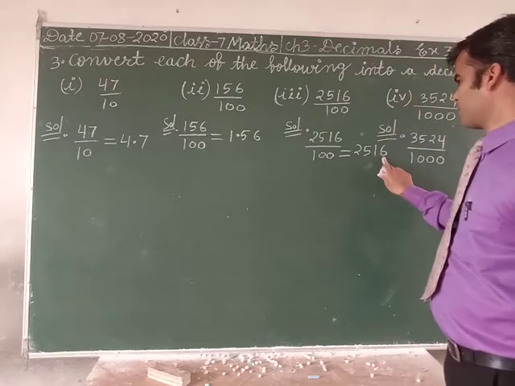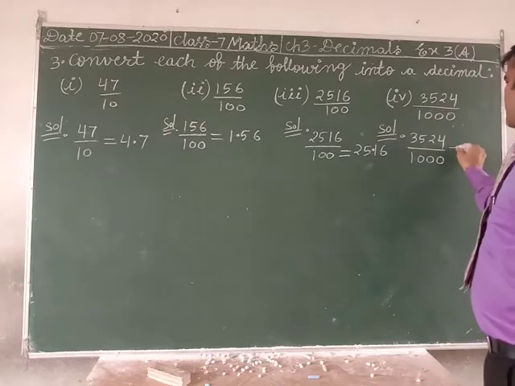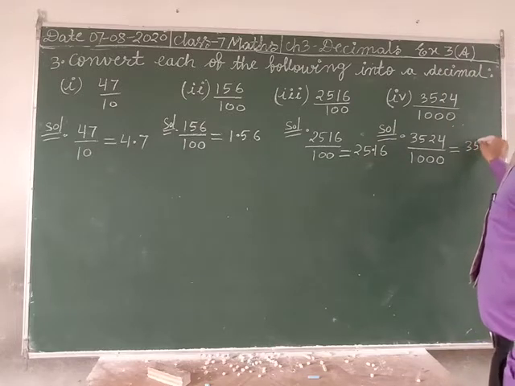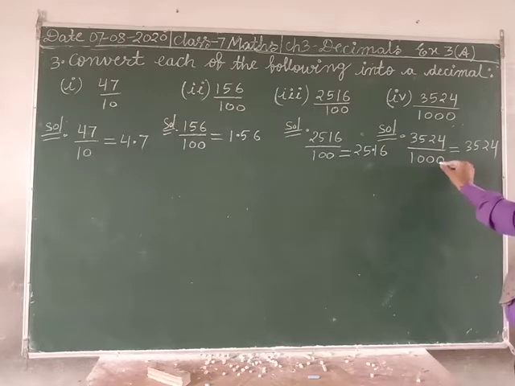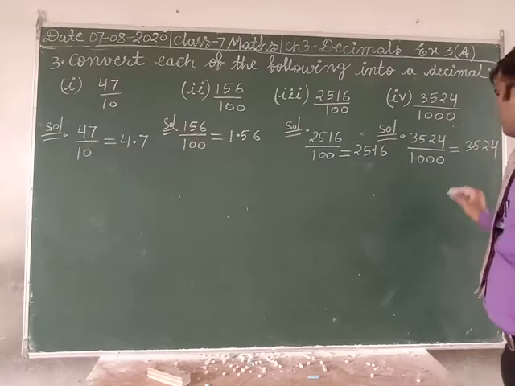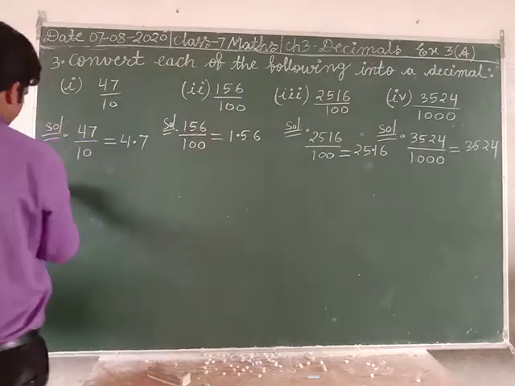So we count here 1 2 and after that we put the decimal. Same as students here also we write 3524 and below how many zeros? 1 2 3. So we count 1 2 3 and put here the decimal, 3.524.